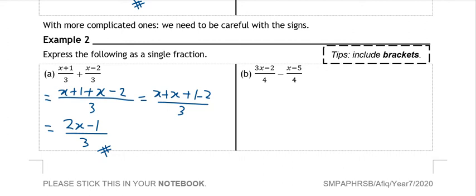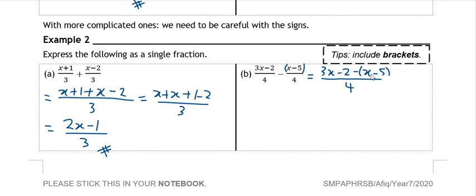So for part B, you have to be careful because you have negative signs. I will suggest you do it like this. Okay, watch this. So over 4, and then 3x minus 2, no change at all. But here, with the negative, you have to include brackets for the second one, which is the bracket x minus 5. Because you have negative signs, and negative signs will always change whatever you have in the next fraction.